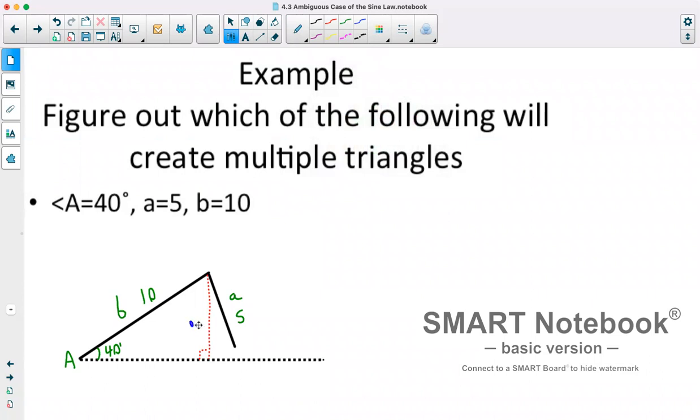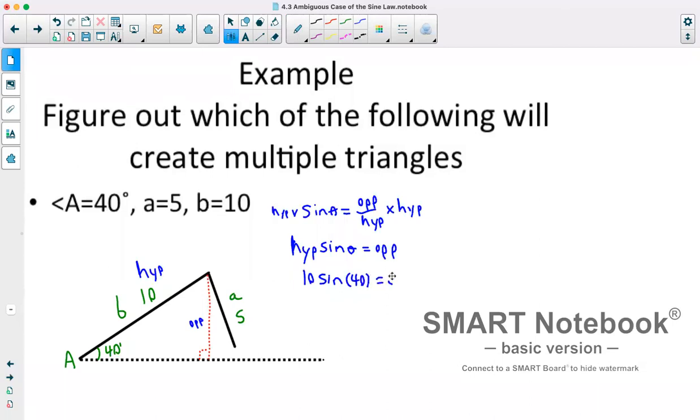This would be our opposite side while we have our hypotenuse, so that means we would be using sine. We know sine of our angle is equal to opposite over hypotenuse. We want to solve for our opposite side, so we multiply both sides by our hypotenuse. So we have hypotenuse times sine of our angle equals our opposite side, which gives us 10 sine of 40.